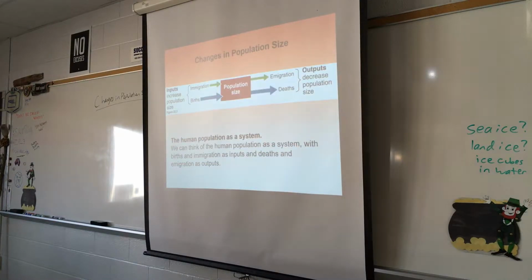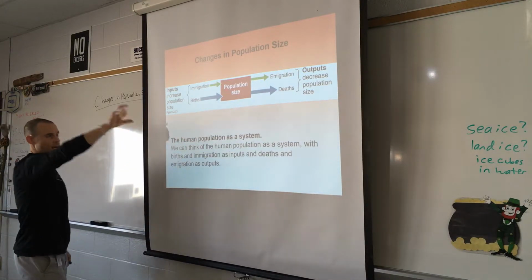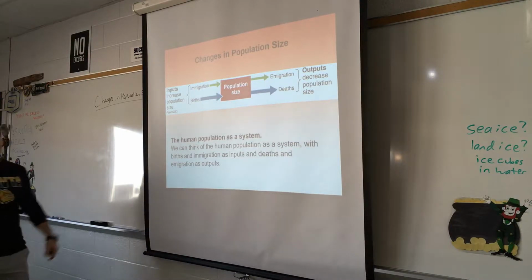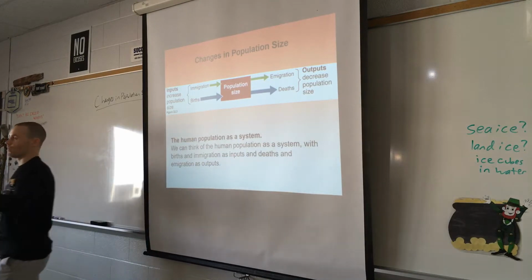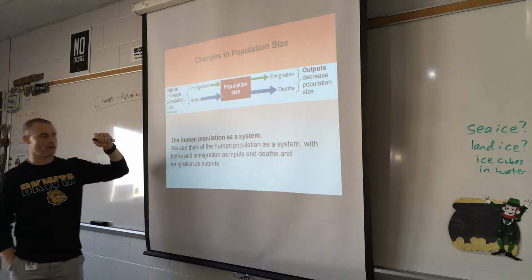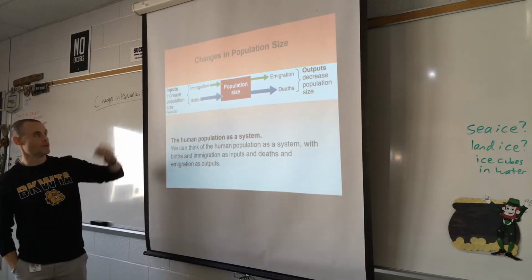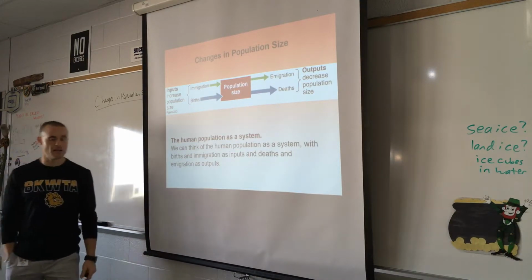Okay, so there it is. Just get this down, or at least understand it. You don't need to copy it word for word. The inputs into a population, and again, immigration doesn't really work if you're talking about the globe. But if you're talking about the United States or Japan or a specific country, your immigration and your births will add to the number of people, and emigration and deaths will take away.